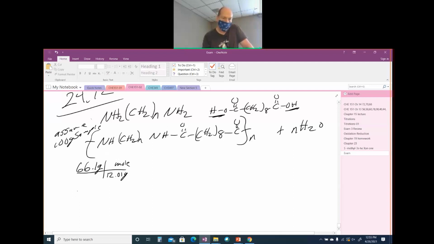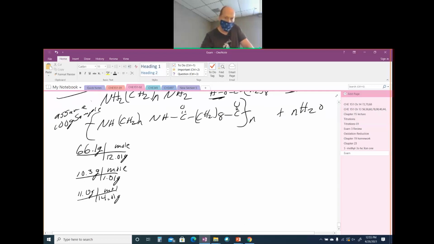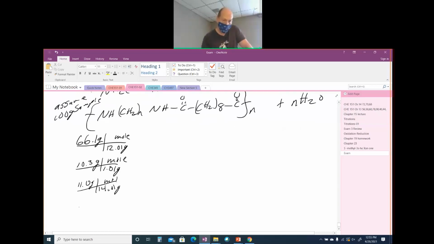Then 10.3% hydrogen is 10.3 grams of hydrogen divided by 1.01 grams per mole. If I have 11% nitrogen, I have 11 grams of nitrogen, and I divide that by the molar mass. Finally, 12.6% oxygen is 12.6 grams of oxygen divided by 16 grams per mole.